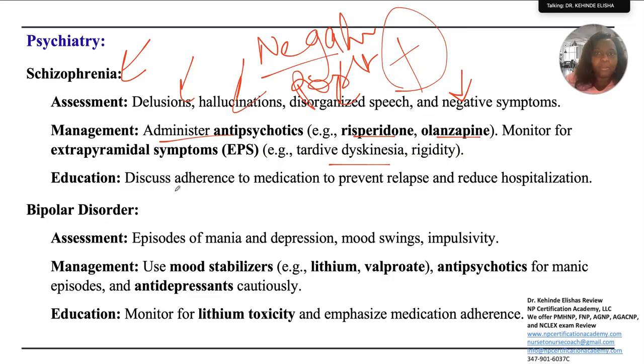But extrapyramidal side effect is generally attributed to what? Our first generation antipsychotics. First gen is also called what? Typical antipsychotic. Second gen is also called what? Atypical antipsychotic. So they have like 2 to 3 names because they also have a chemical name that I'm not going to go into right now. SDRA, and we have DRAs.